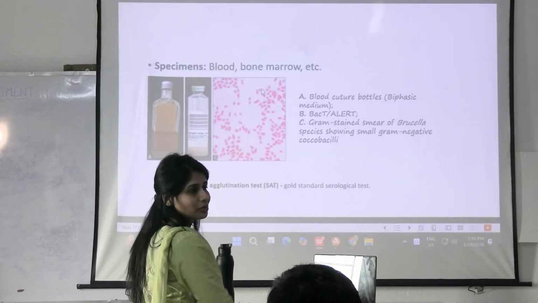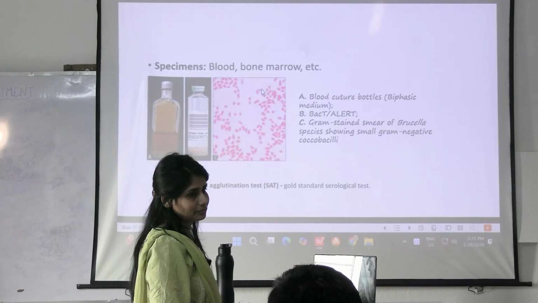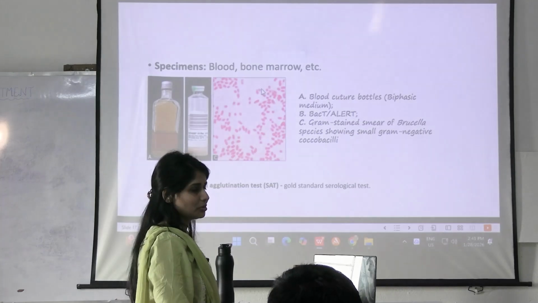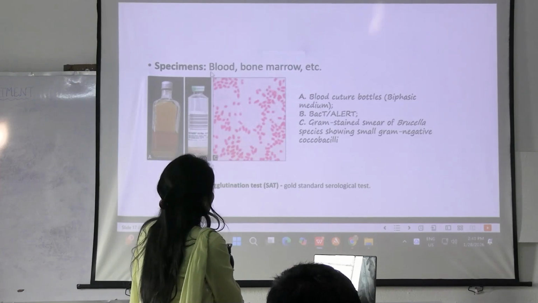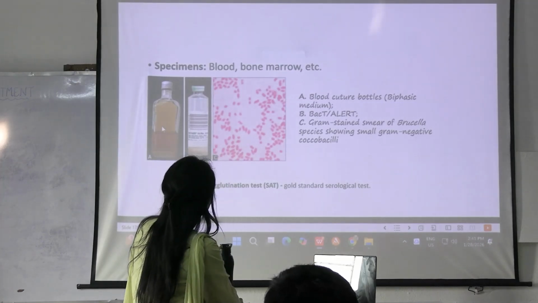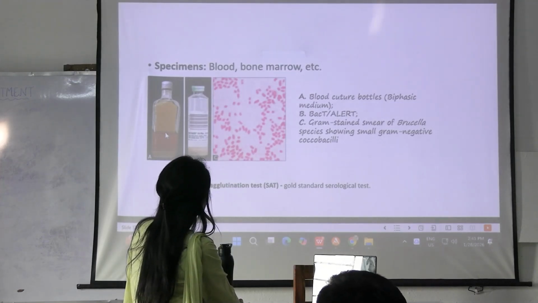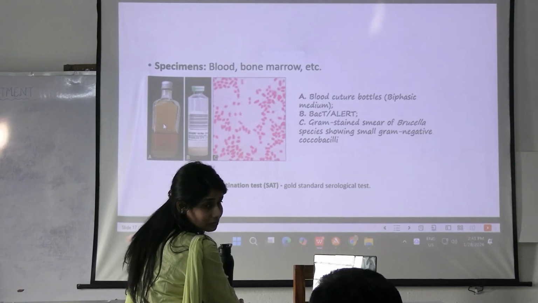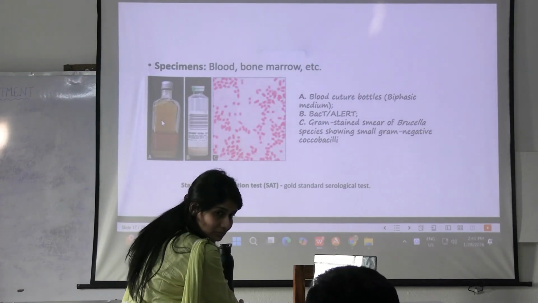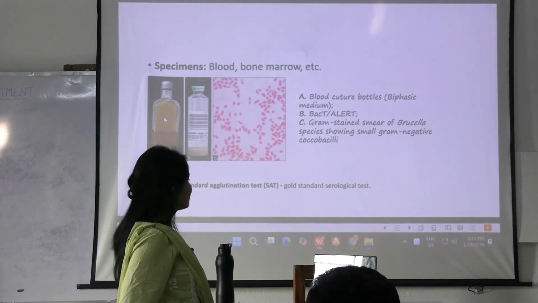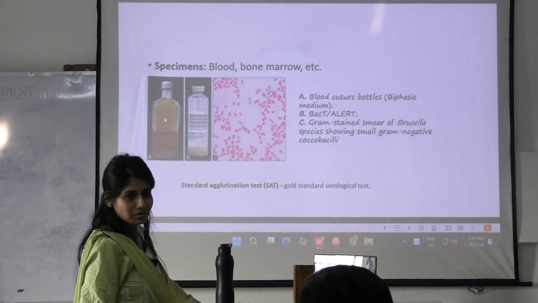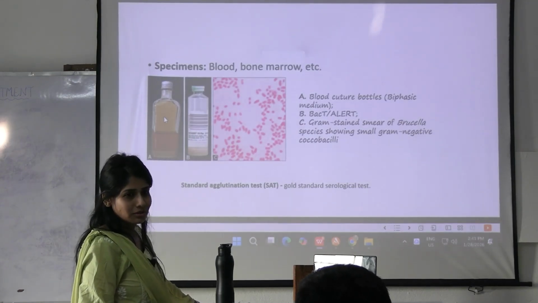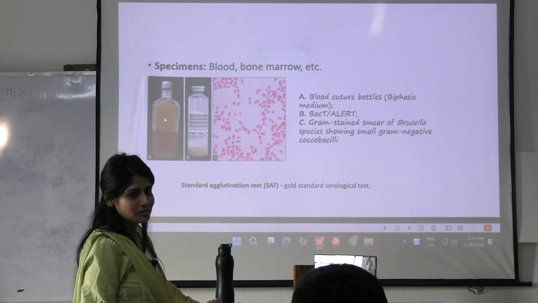What specimens will you collect? Blood, bone marrow, but is it possible to collect bone marrow always? No. So, blood sample. What is this? No. Why do you think it's Robertson cooked meat pot? Can you see the meat particles?